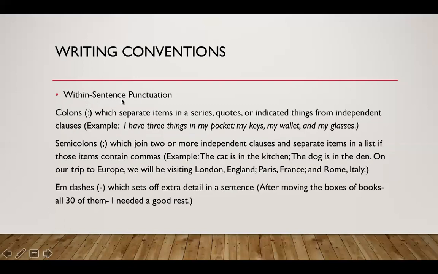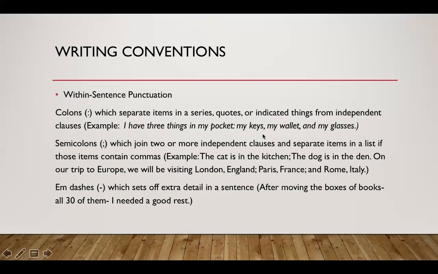Within the sentence, you have different forms of punctuation. The first one is called a colon, and it separates items in a series. It separates quotes, or it indicates things from independent clauses. For example, I have 3 things in my pocket: my keys, my wallet, and my glasses.